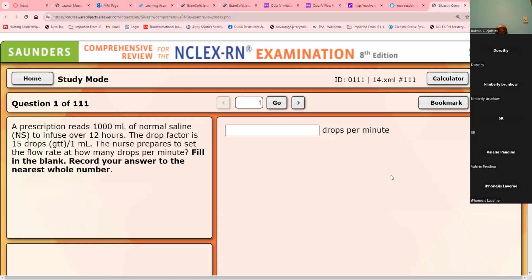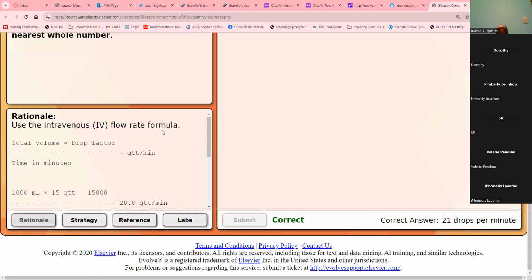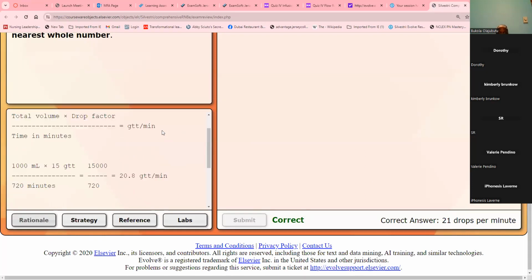Still calculating? 21. 21. Yep. 21? Yes. Okay, awesome. There's your formula. There it is worked out. You're welcome to take a picture of it.